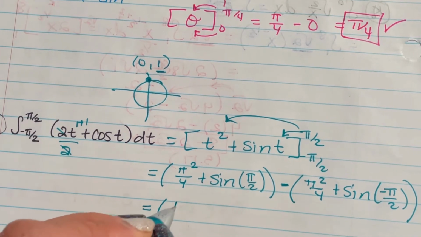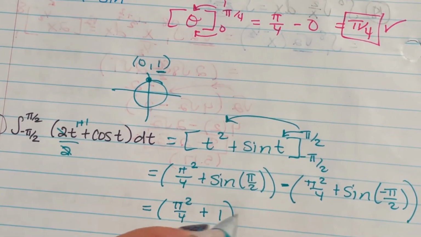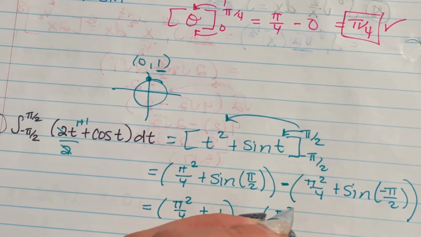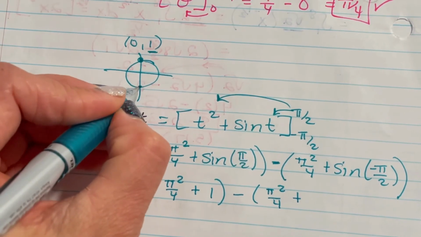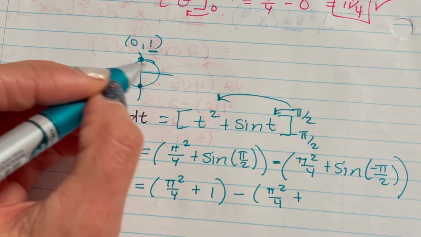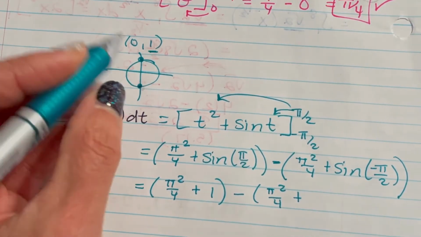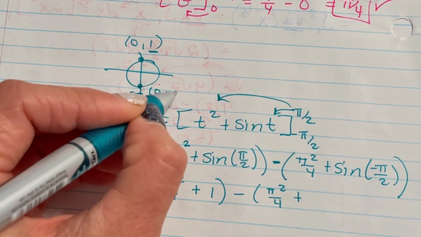So this is really pi squared over 4 plus 1, minus pi squared over 4 plus the sine of negative pi over 2. Negative pi over 2 is going clockwise down. Remember, counterclockwise is positive, clockwise is negative. So negative pi over 2 is down here, at the coordinate 0, negative 1.